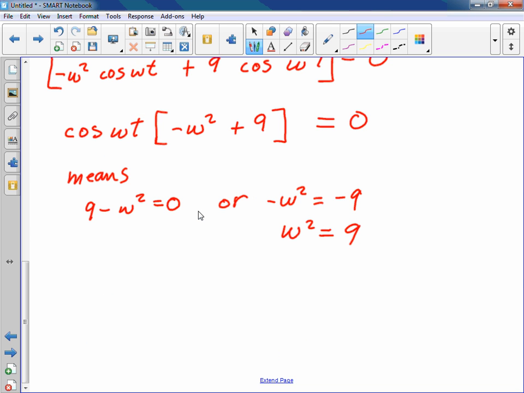So Jeremy's right. But if cosine omega t equals 0, what does that mean? We don't know what t is, so let's just stick with this. So omega equals plus or minus 3.